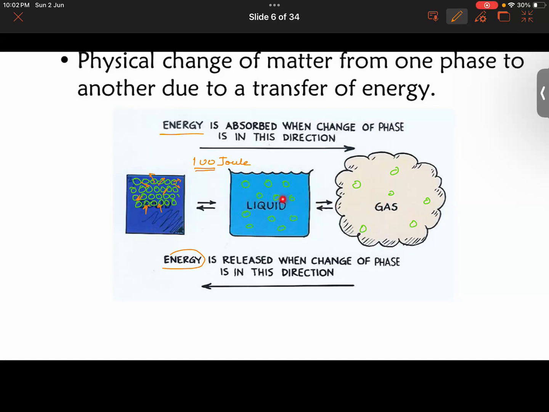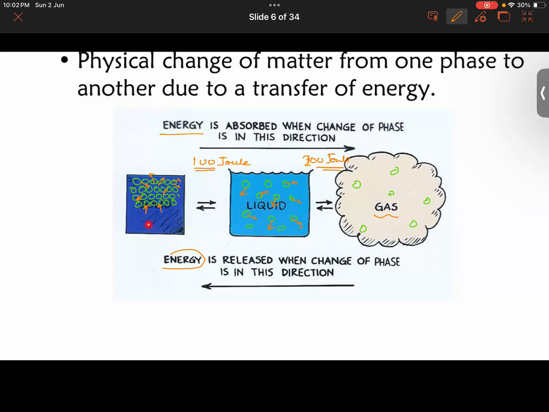The force of attraction is still existing in the liquid, but you need to make it weaker. How are you going to make it weaker? By heating it. Once you heat it, they again start to vibrate more and more. They will vibrate further, and will get away from each other, and then they convert into the gaseous state. So here again, energy will be absorbed. Let us say that here 200 joule of energy is absorbed.